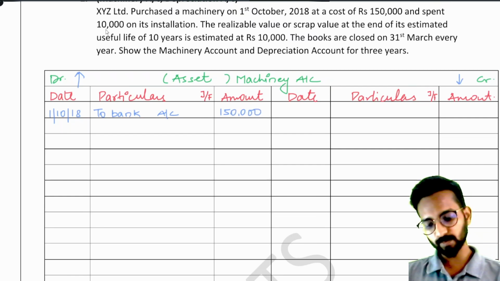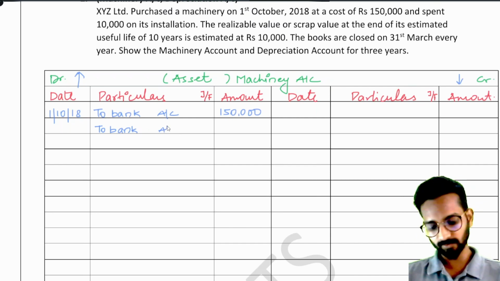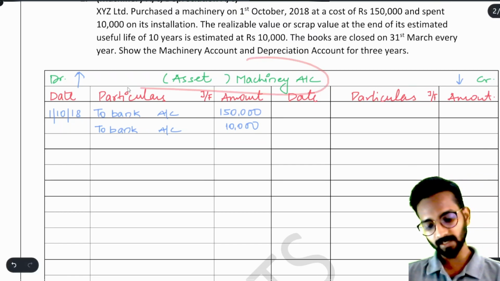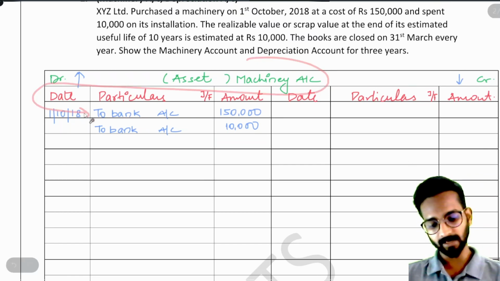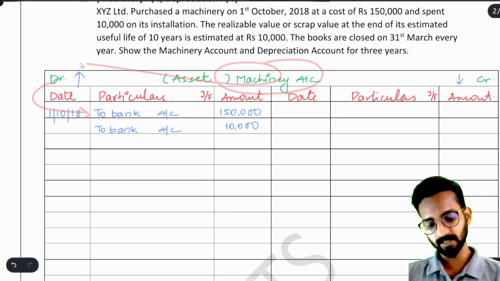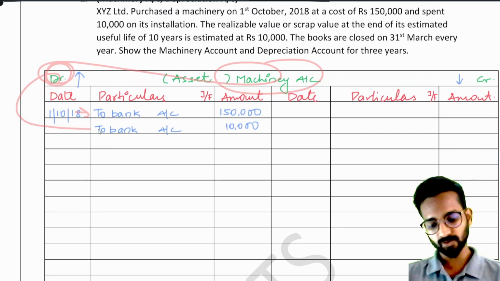Now you spent 10,000 rupees on installation also, so you have to write that also: to bank account 10,000 rupees. See, what is the journal entry? Kindly read with me. Machinery account debited to bank when you purchase the machine. When you pay for installation, again machinery account debited to bank.